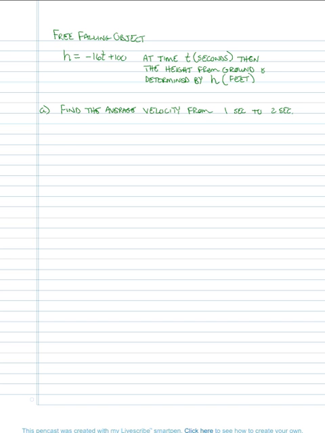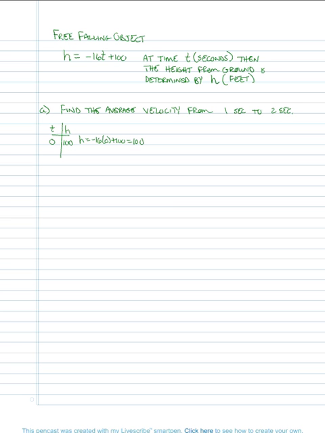Let's put a little information together here. In our model, we're letting time go by, and we're getting a height from the ground. So for instance, at time equals 0, we calculate height as negative 16 times 0 plus 100, which is equal to 100. So at time 0, we're 100 feet off the ground.